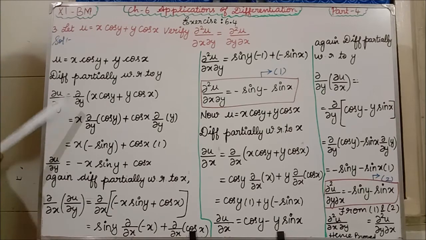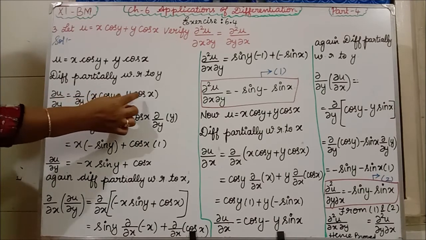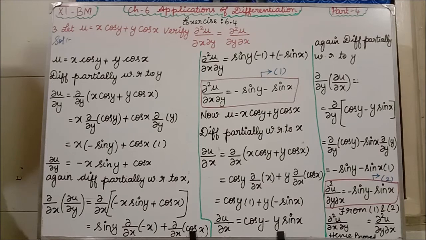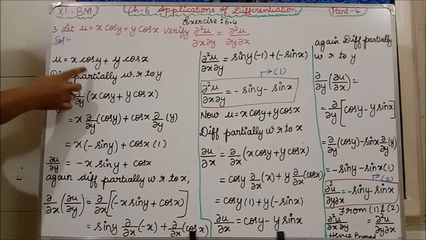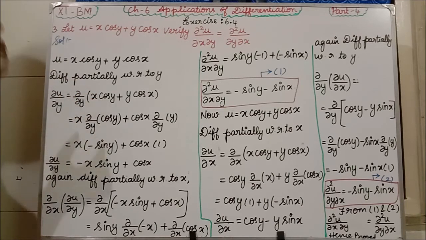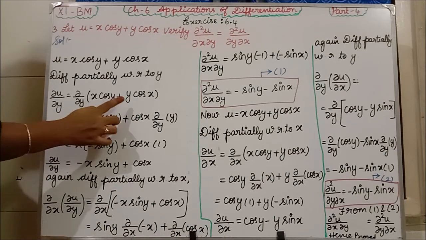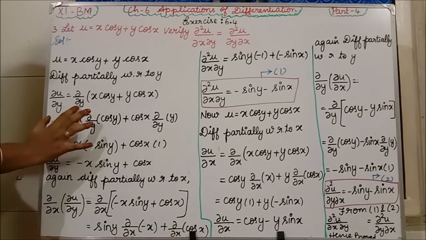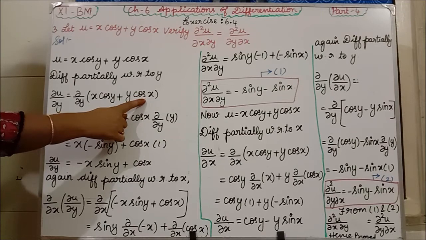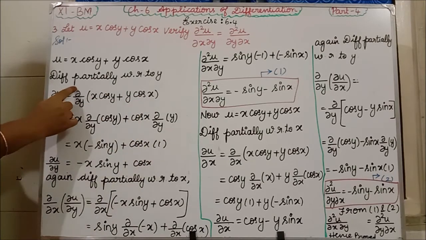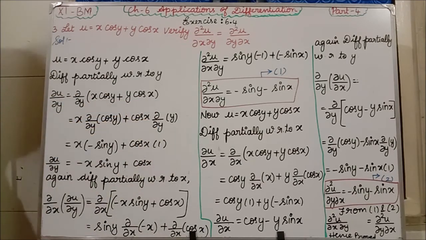So dou by dou y of x cos y plus y cos x. Clear? So this x comes outside, x is a constant because we are differentiating with respect to y, so at that time you have to keep x constant. So x comes outside, dou by dou y of cos y plus y, and cos x is a constant, so cos x dou by dou y of y.